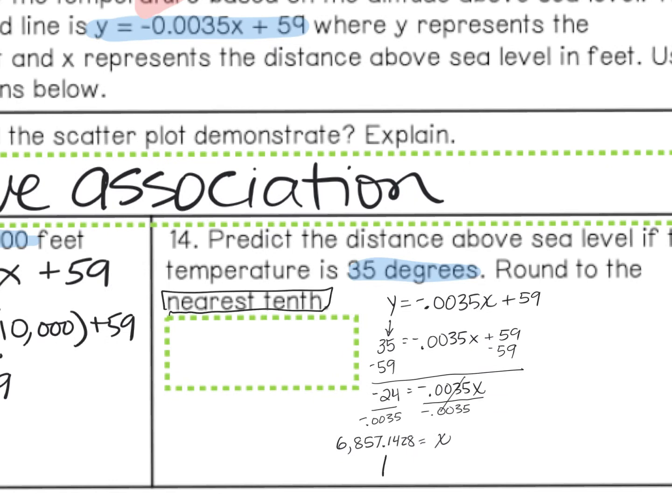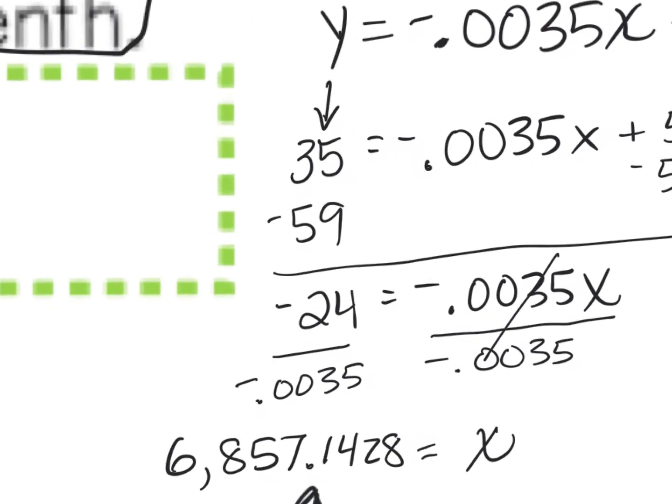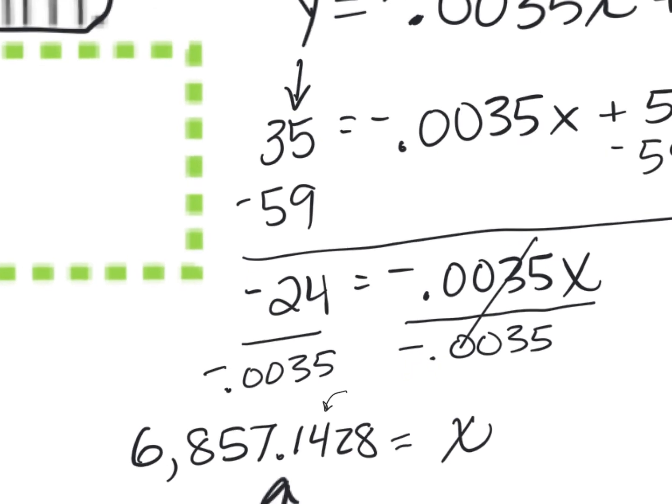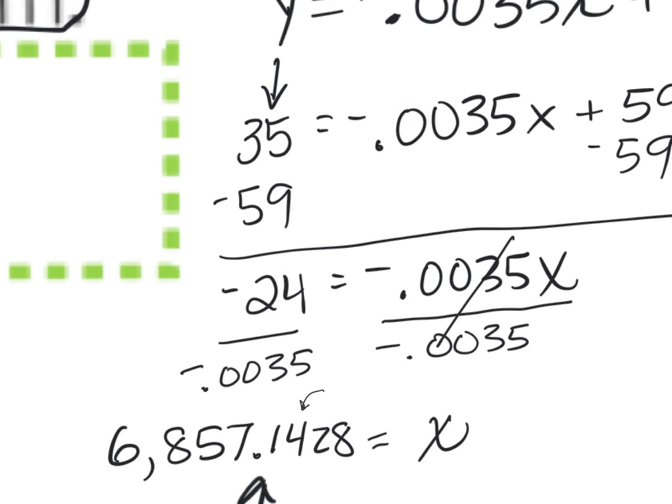That's just one number after the decimal. So I have to look at the hundredths place. This 4 is really what determines how to round. Because that number is less than 5, I'm going to keep the 1. So my answer is 6,857.1.